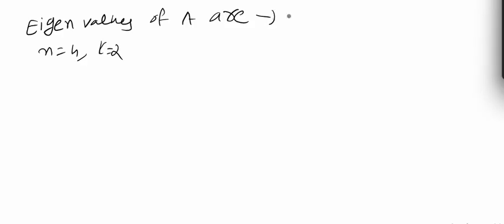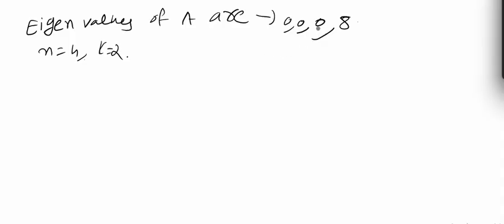How many eigenvalues will be 0? 4 minus 1, so 3 eigenvalues. The next eigenvalue is 4 into 2, which is 8. Three eigenvalues are 0, and the 4th eigenvalue is n into k.